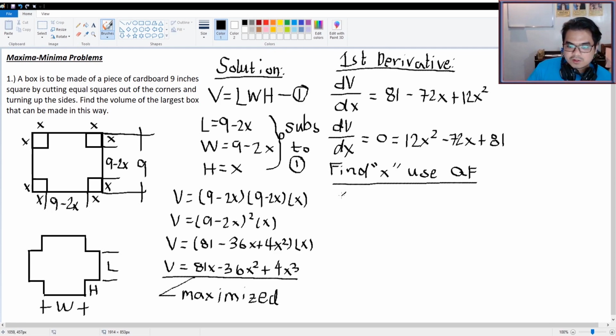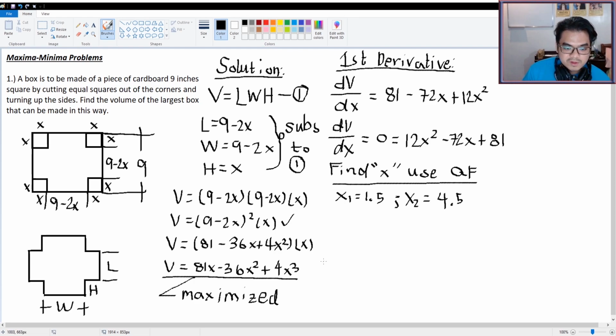I will no longer discuss how to get x, but after using that, the value of x1 will be 1.5 and x2 will be 4.5.